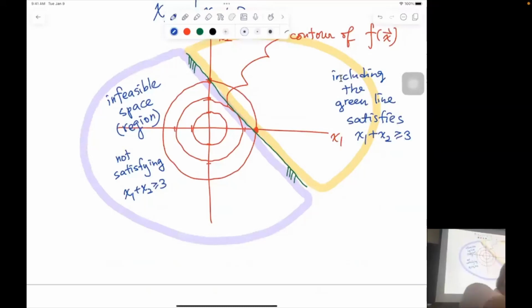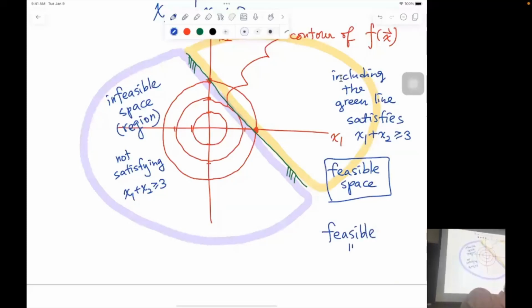So we call this yellow space, including the green line, feasible space. What does feasible mean?